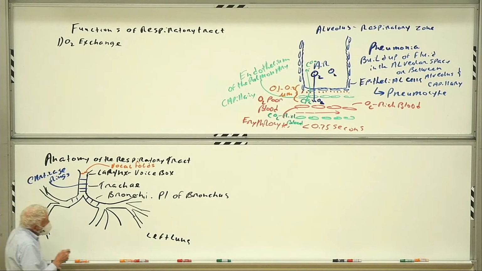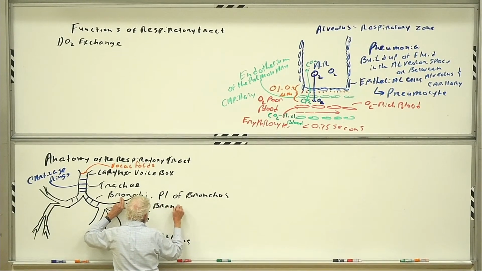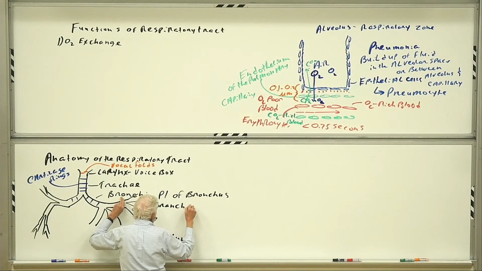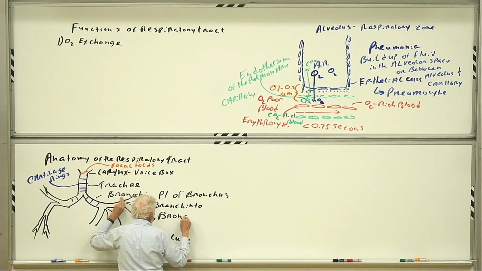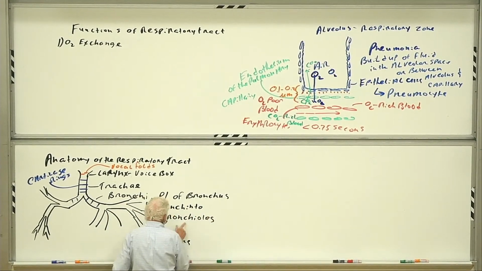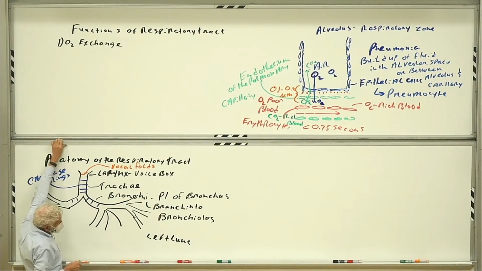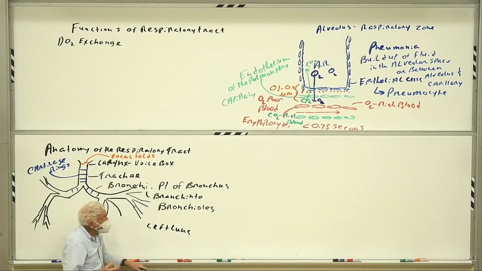The main idea here is that these bronchi branch into bronchioles. Bronchiole, IOLE, is a suffix in Latin which means small.